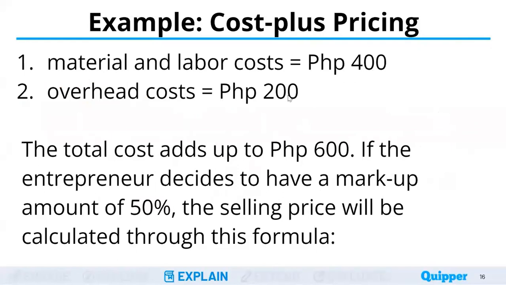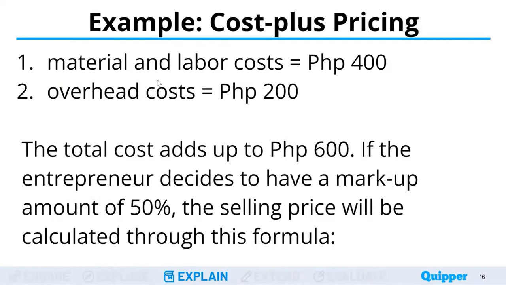Okay, so yung material and labor cost na tinatawag, ito yung raw materials, and then yung mga labor natin or yung manpower natin na directly involved in creating the product. Then yung overhead cost naman, ito yung parang mga admin cost.